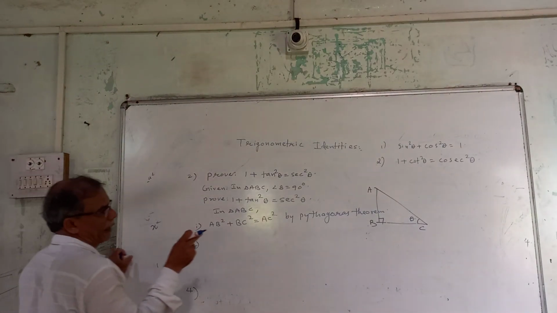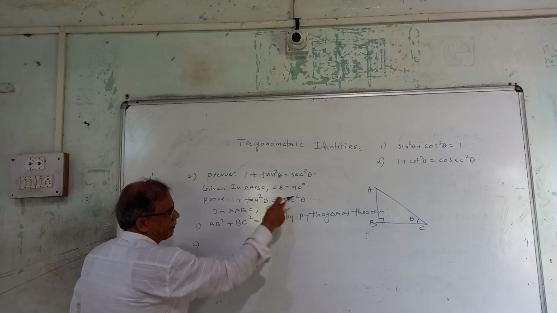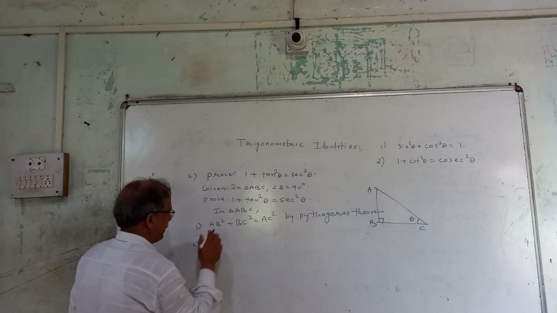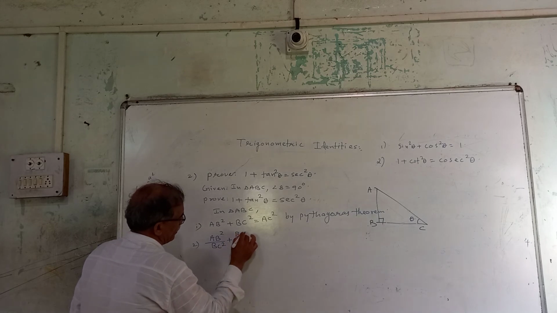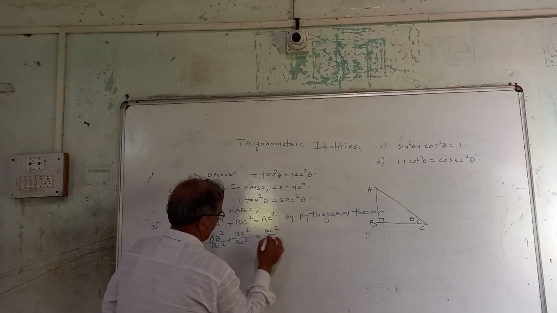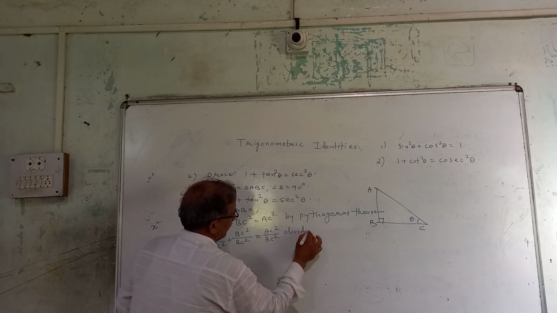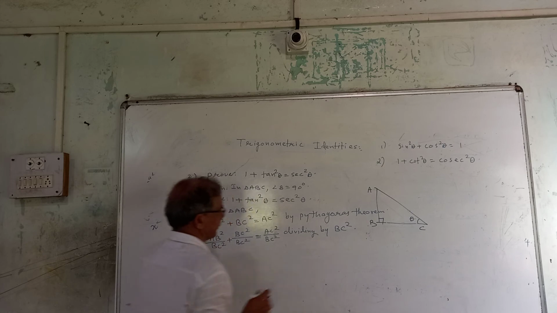So now we have to divide by what? CB square. Why? We want to get sec ratio. And sec means hypotenuse upon adjacent. And adjacent side is BC. So AB square upon BC square plus BC square upon BC square is equal to AC square upon BC square, dividing by BC square.